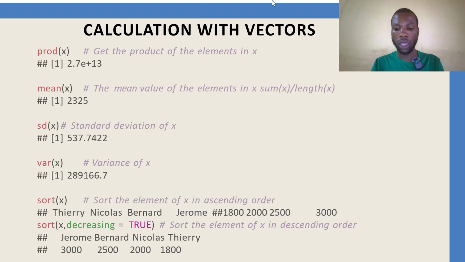Another thing we have to know is that you can also look for the product, mean, standard deviation, variance, and sorting from A to Z. You see, we are sorting the elements in ascending order, and in descending order.